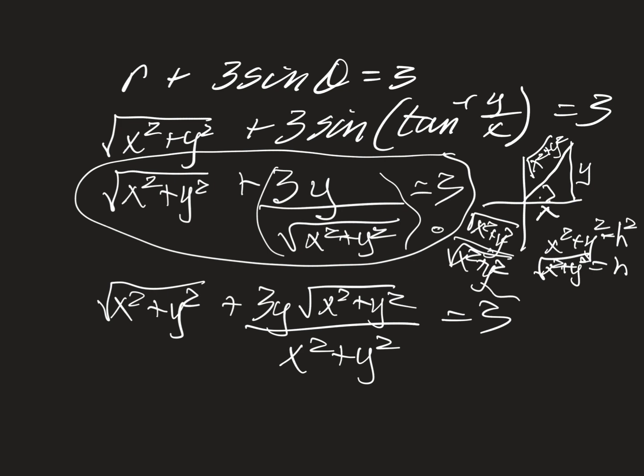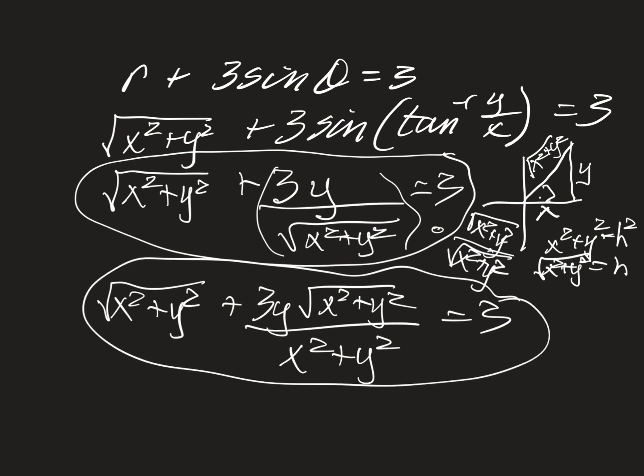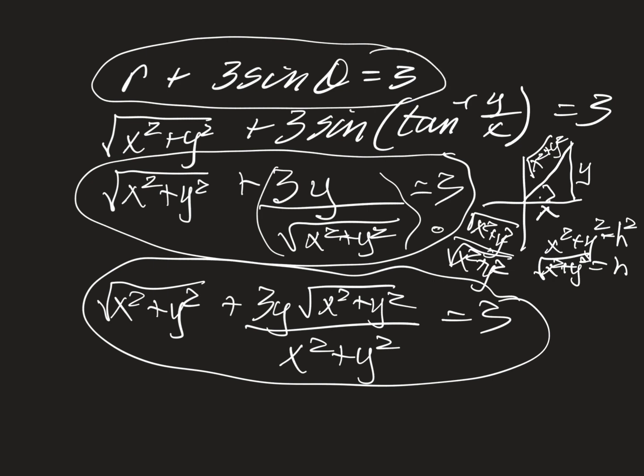Now, this is not necessarily any simpler than the one above it, but essentially we have now converted it to rectangular coordinates. What I want you to notice is how simple the polar equation looks, and how complicated the rectangular equation looks. This happens both ways.